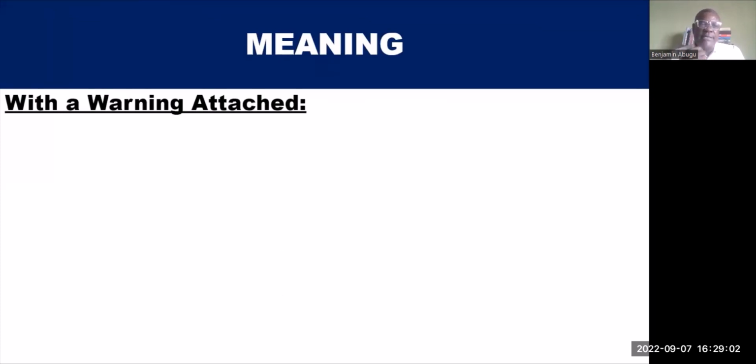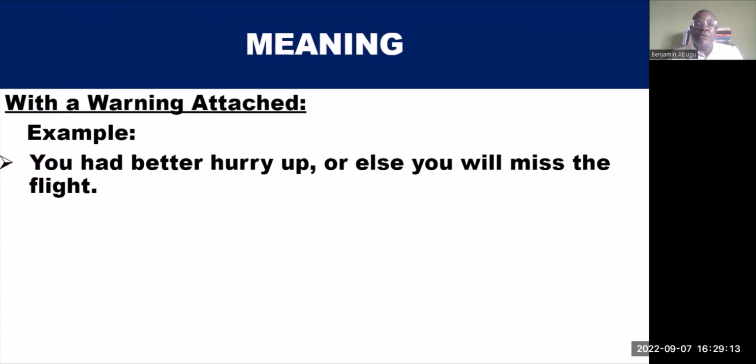So we see that had better usually has a warning attached to it. For example, you had better hurry up or else you will miss the flight. You see, the consequence of your not hurrying up is that you will miss the flight.